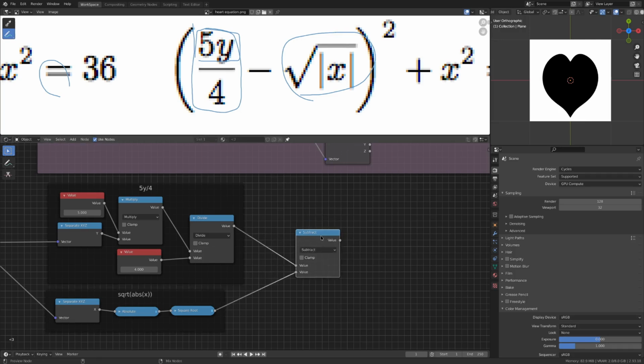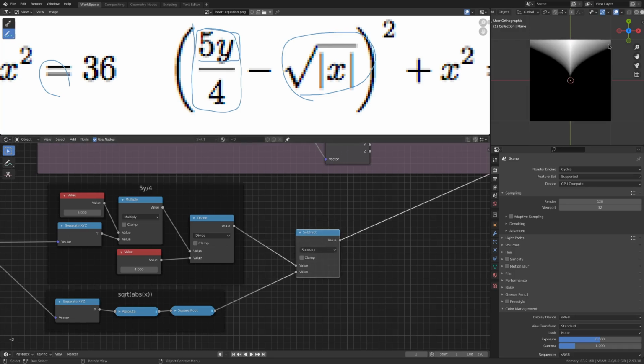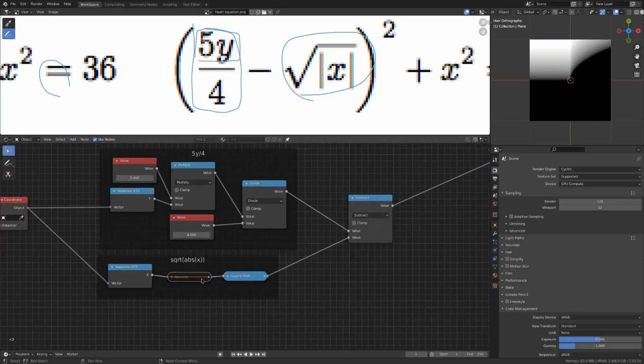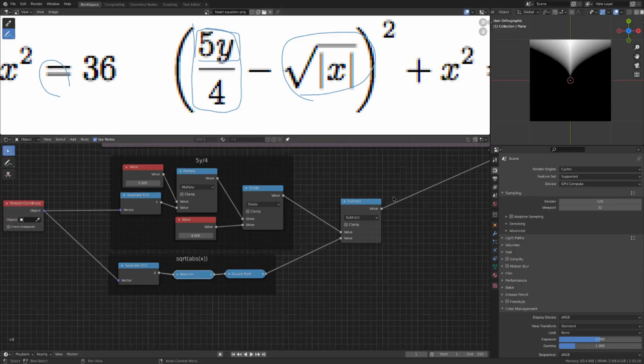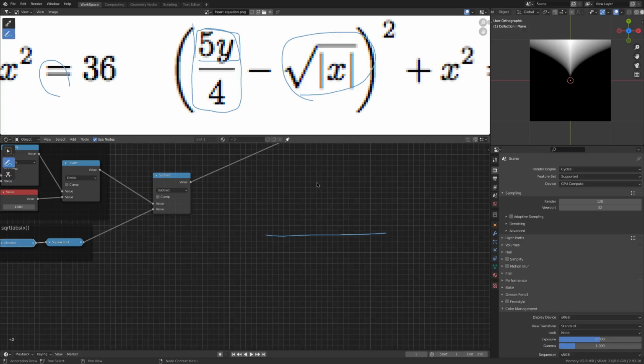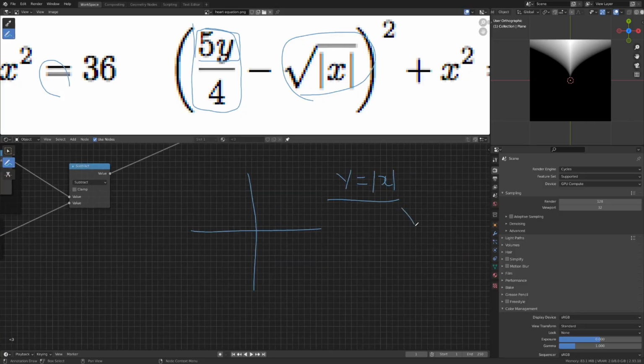Connect this. We'll see. Oh, look at this very interesting looking graph here. Because we use the absolute node, we got this mirrored thing. I'm not sure whether you guys know or not, but the y equals absolute x graph is basically when we put a positive number here, a negative number here, like -1 or 2, then it will make this thing a positive number.